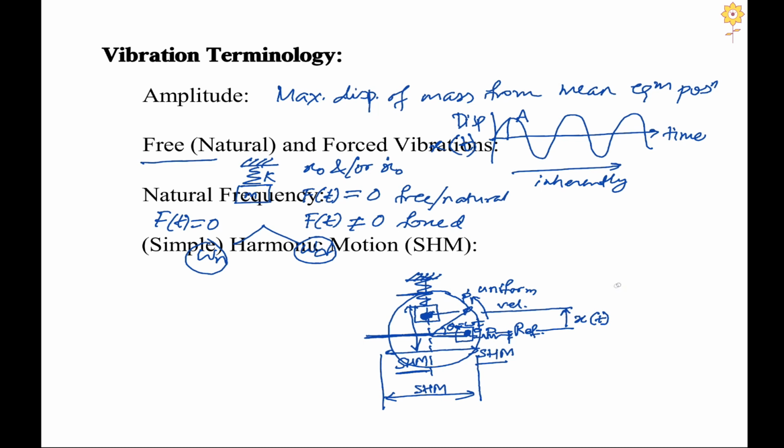So in the first case I can write the displacement equation as this. Let us call this the amplitude A. The radius vector defines the amplitude. Why? Because from here till here, it is the maximum displacement from the mean position. So it becomes the amplitude.